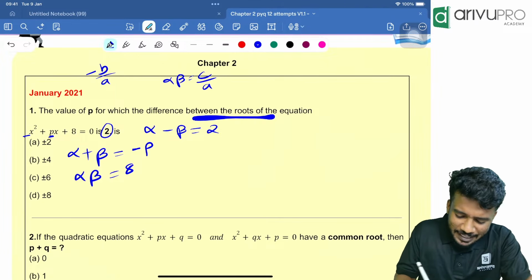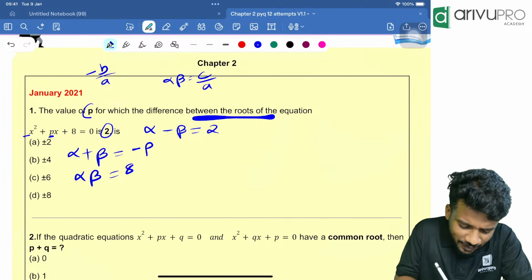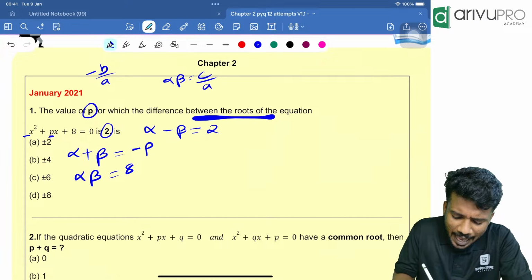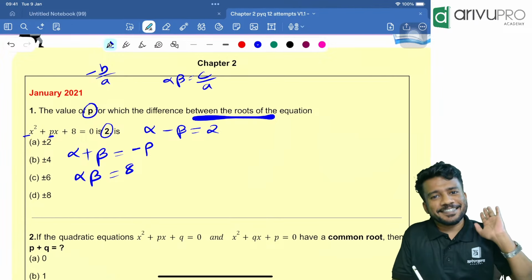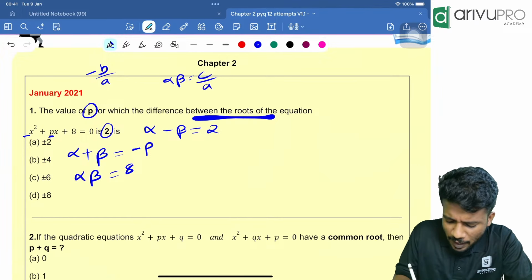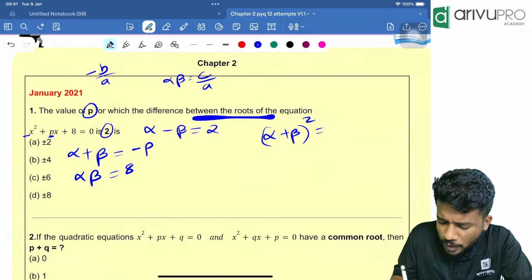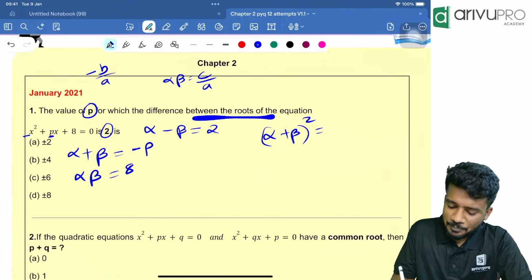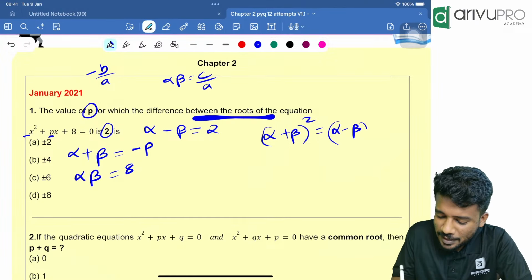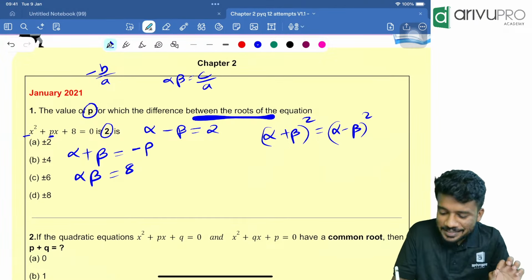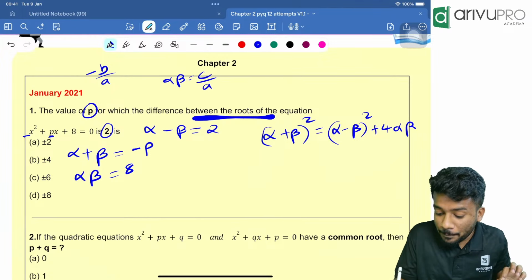Now we need to find the value of p. People, here alpha minus beta is given. Now if you ask me, alpha plus beta the whole square is equal to alpha minus beta the whole square plus 4 alpha beta.